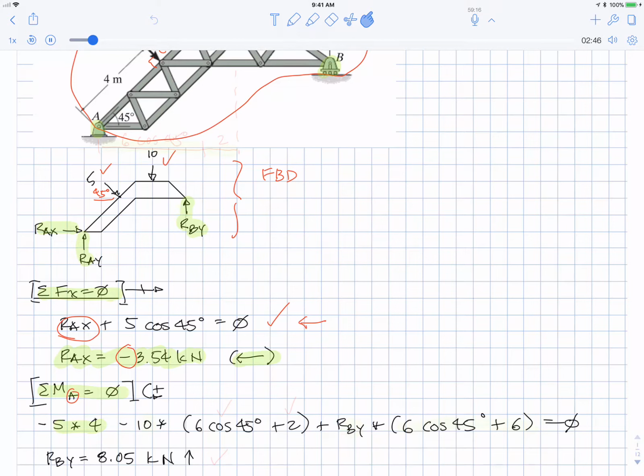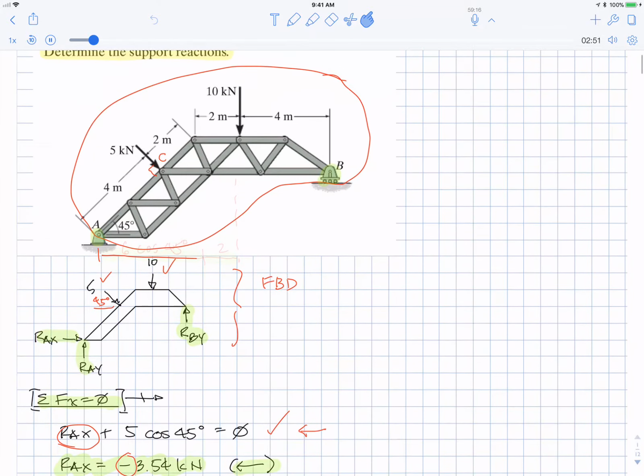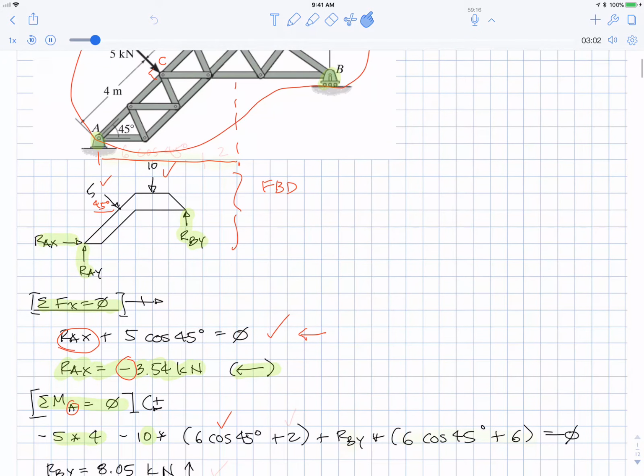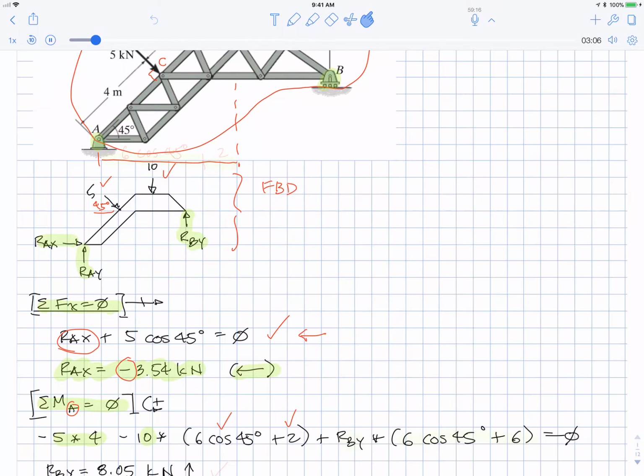And then I needed to get this 10 kilonewton force times its perpendicular distance, and that distance was right here. It was the horizontal component of 6 meters at a 45 degree incline, so that's this 6 cosine 45 degrees, and then another 2 meters if you look at this picture right here.